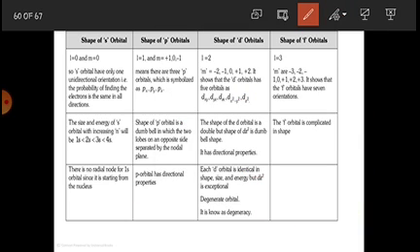Next one, shape of d orbital. If L is equal to 2, m can have the values minus 2, minus 1, 0, plus 1, plus 2.